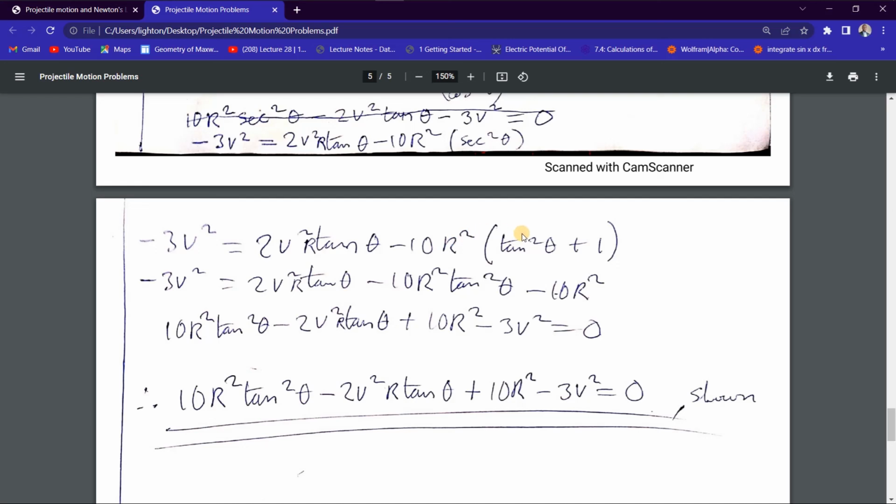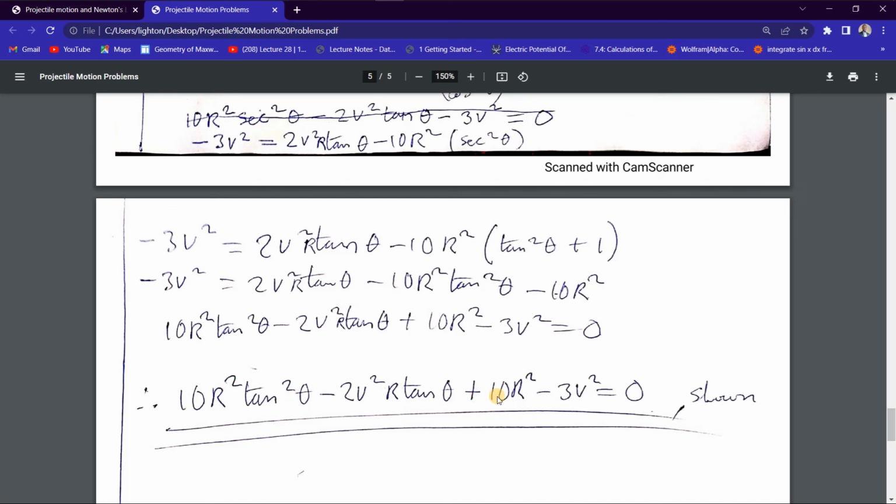And minus 10R squared multiplied by this one, you get this. This expression, making every term on the right, yes, every term on the right jump to the left side of the equation, we are getting this expression.